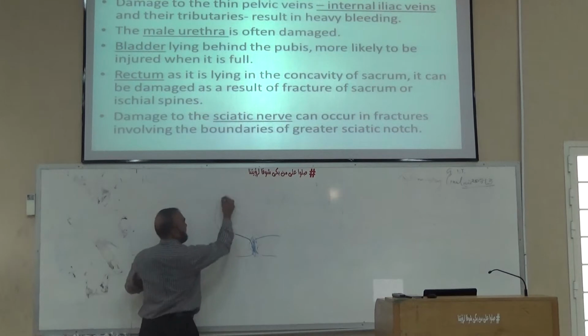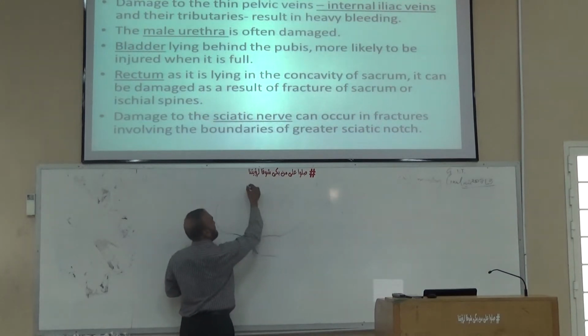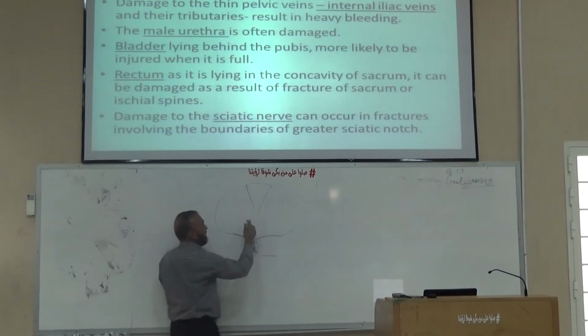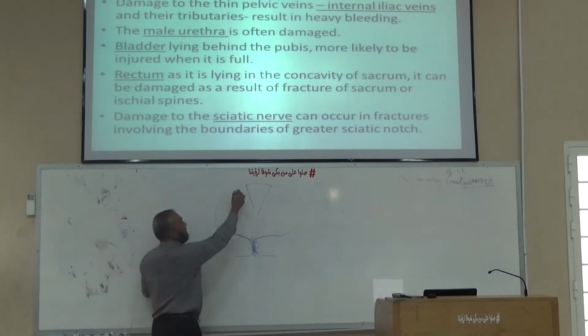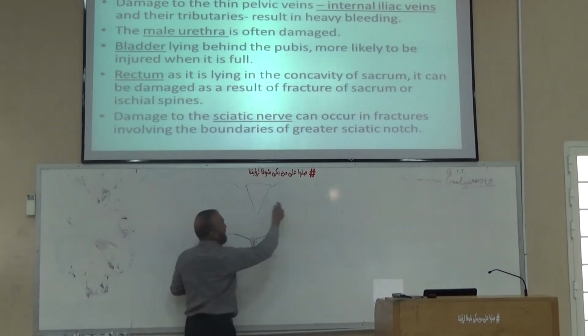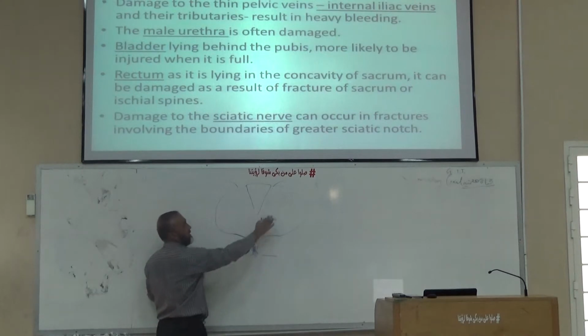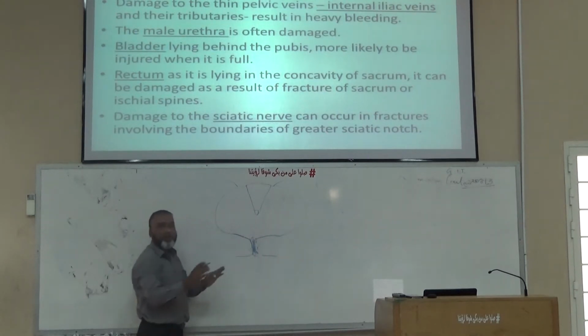Suppose this is the ring that is formed. We have the pubic bones, here we have the iliac bones, behind we have the sacrum, and then we have the coccyx.